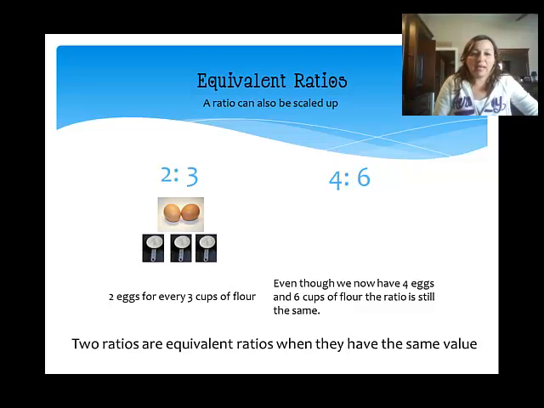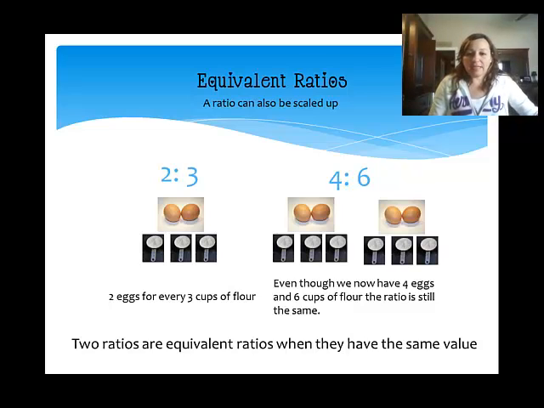That would make my pancakes. But now I needed to make even more pancakes. So I'm going to scale that ratio up. I'm going to create an equivalent ratio and make it bigger. So now I have 4 eggs and 6 cups of flour. So even though we now have 4 eggs and 6 cups of flour, the ratio is still the same as we saw with the strawberries and grapes. So 2 ratios are equivalent ratios when they have the same value.